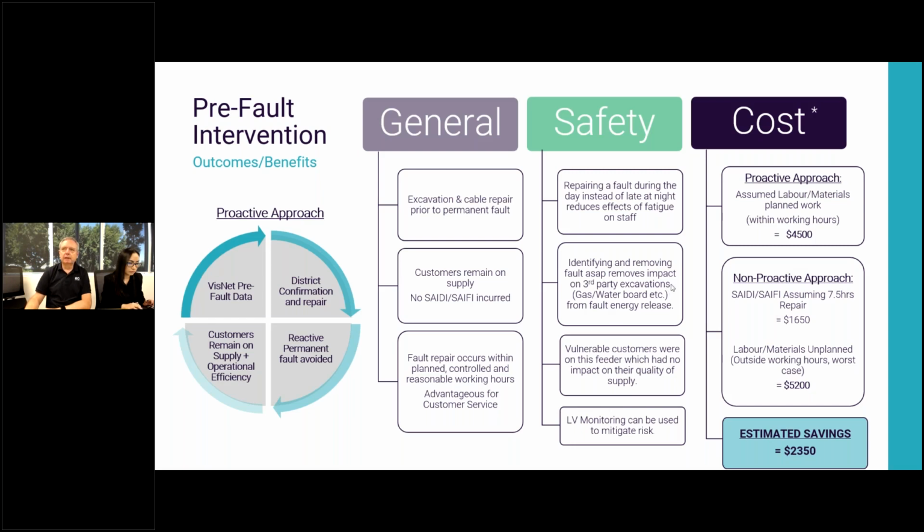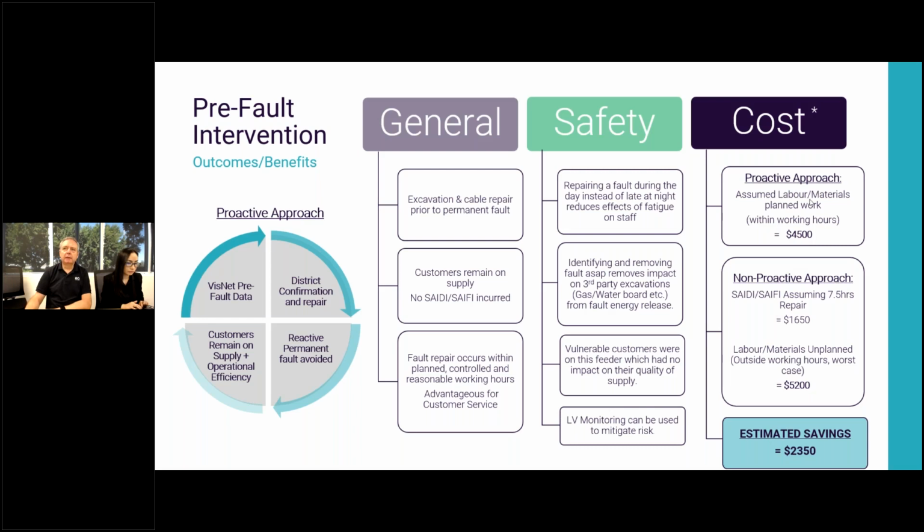In that particular instance in the UK, they were able to then calculate the positive cost benefit of doing this proactively. Even with proactive, you're going out there and you're digging the ground up, you're replacing the joint or overlaying a section of cable.